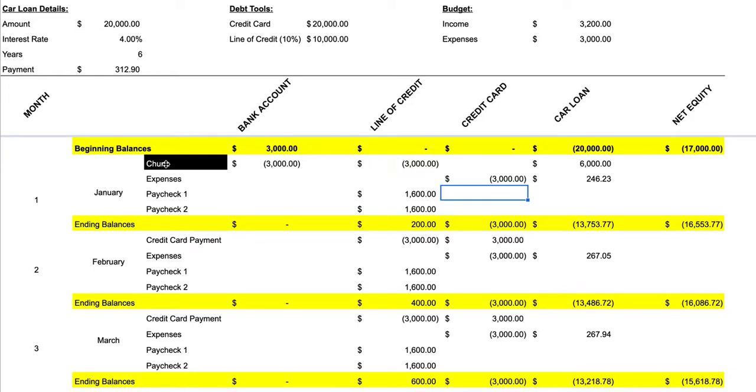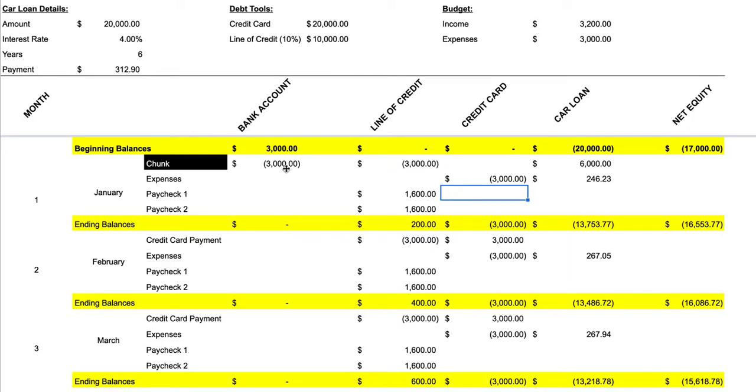Right here, the first thing you're going to do is take all of the cash in your bank account and put it towards the car loan. Knock that principal down on the car loan. Then you're going to take the line of credit as well and knock that principal down too.